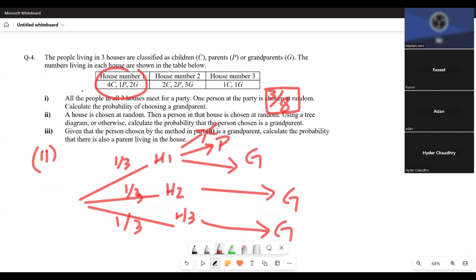So the probability of choosing a grandparent in the first house is going to be 2/7. 2 out of 7 people are grandparents. Probability of choosing a grandparent in the second house is going to be 3/7. And the probability of choosing a grandparent in the third house is 1/2.